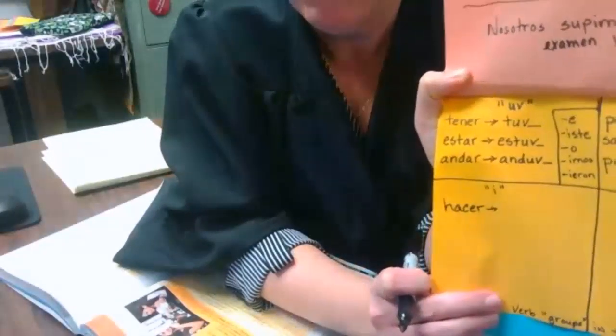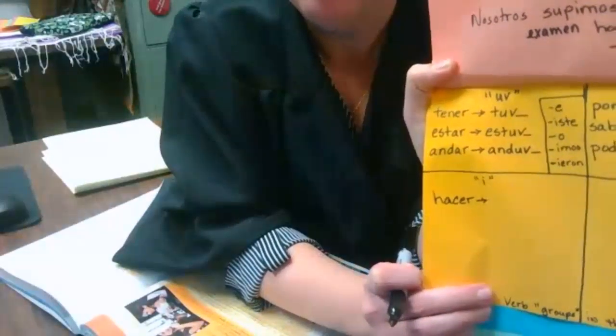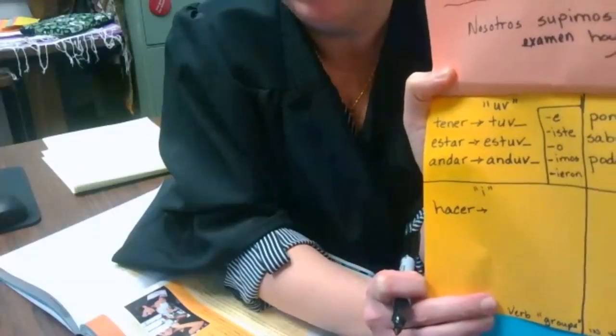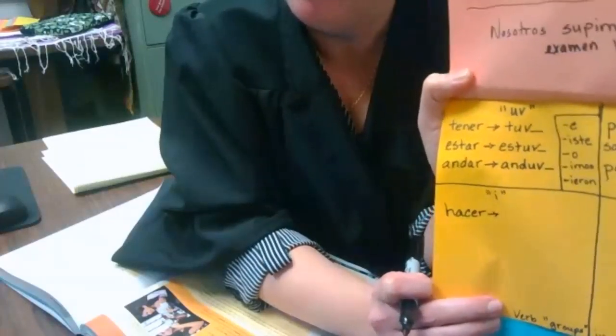So our first verb is, excuse me, hacer. Remember, hacer means to do or to make. So in the past tense, of course, it'll be did or made.